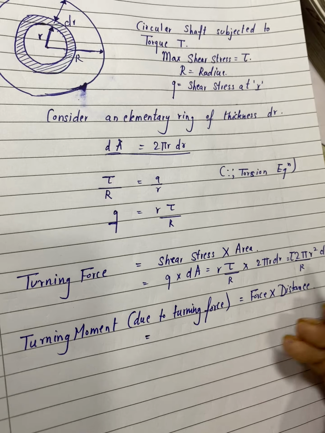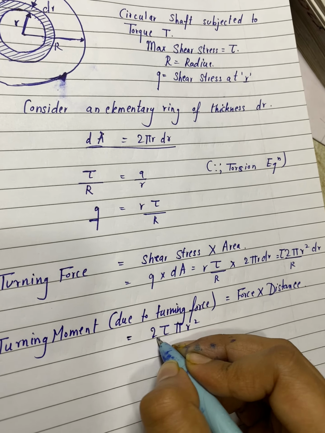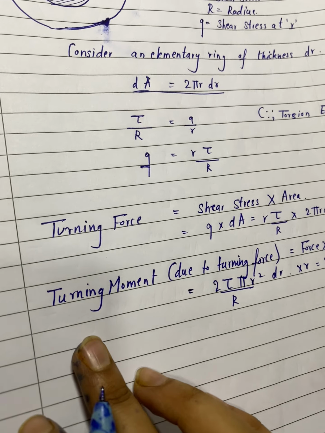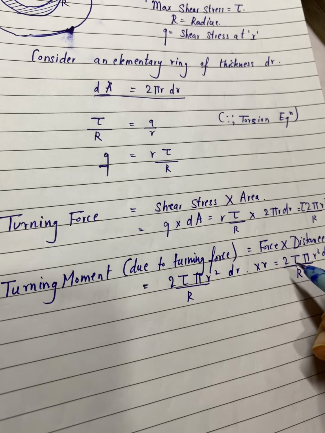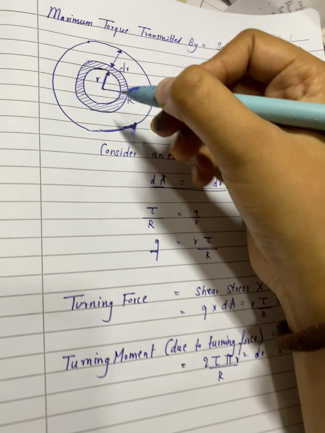So this is our force, 2 tau pi r square by capital R dr. And what is the distance? Distance is this small r, right, from the center, into r. So if I solve this further, I'll simply get r cube by capital R, right?